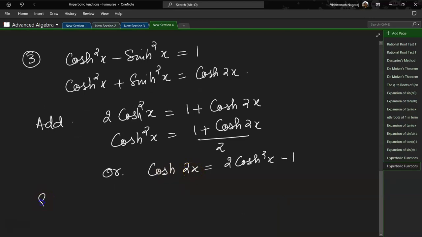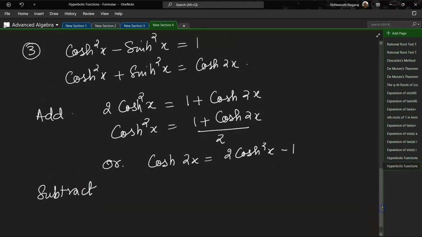Now, instead of add, if we subtract, what happens? Now, when we subtract, cosh will disappear. So, if cosh disappears, what are we left with?